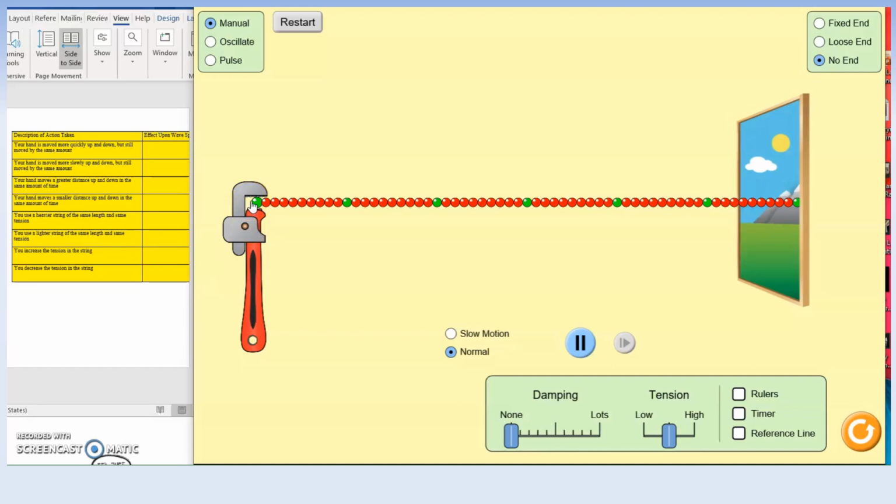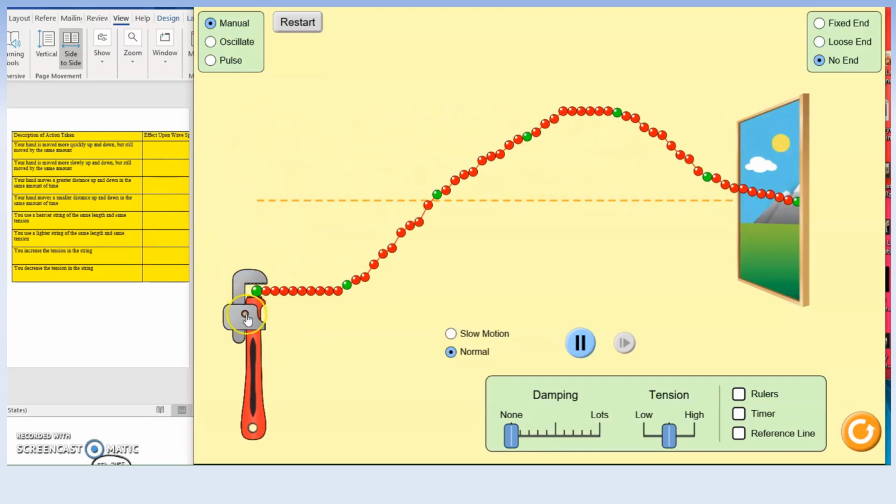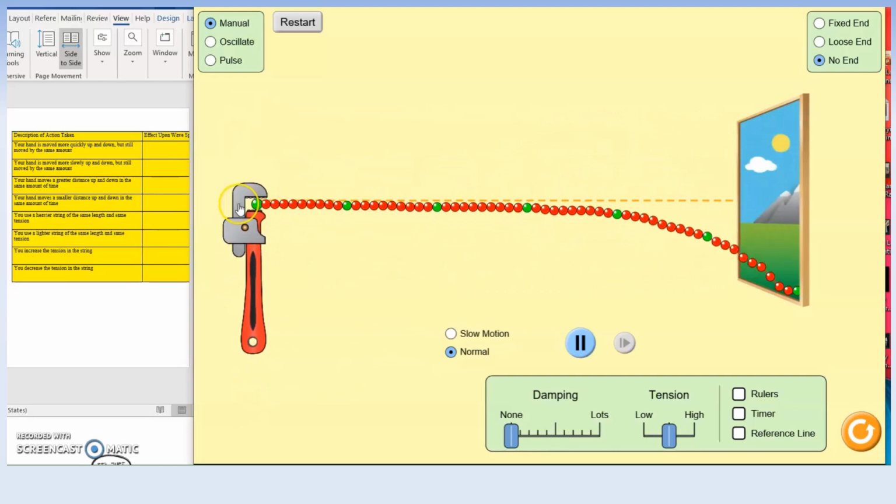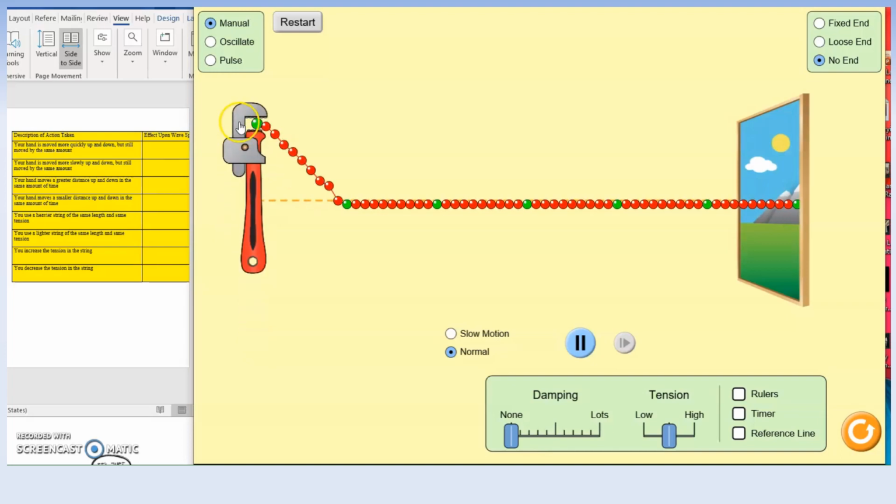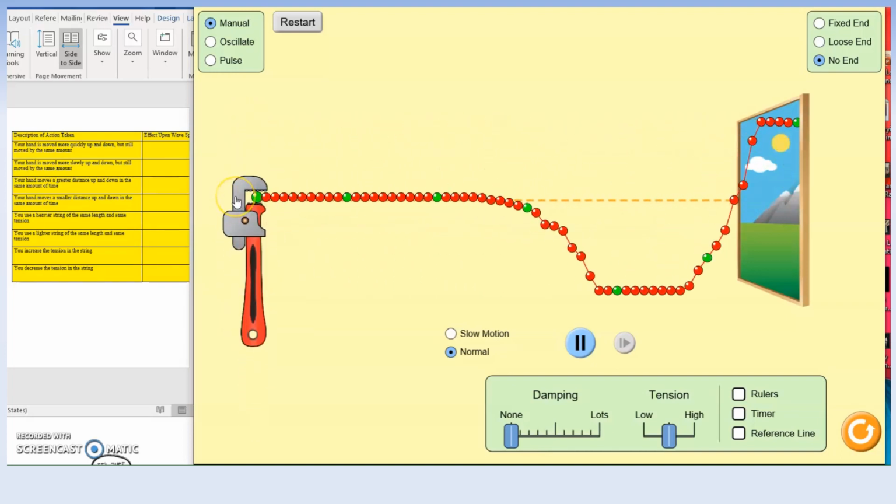The first action we'll take is, in creating the wave, we can move our hand slowly or quickly. I'm going to manually create a wave here by moving this wrench. In the first case, I'm going to move my hand up slowly. You can visually see the wave speed. Let me now move my hand up about the same distance but more quickly.